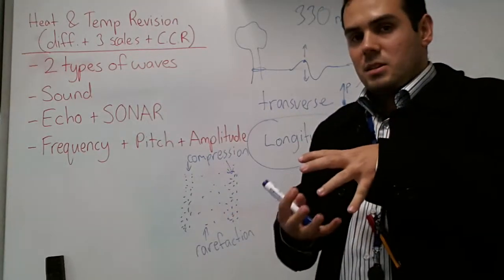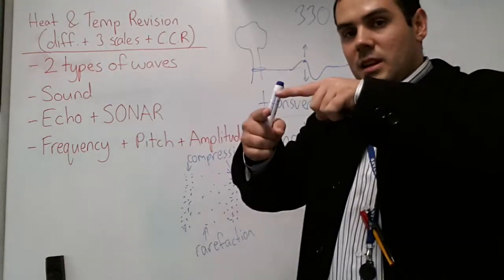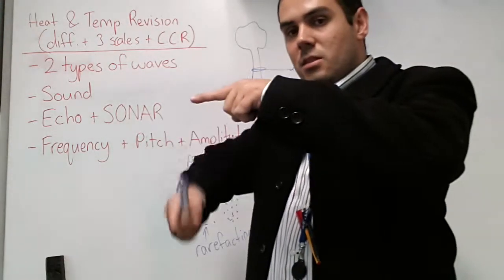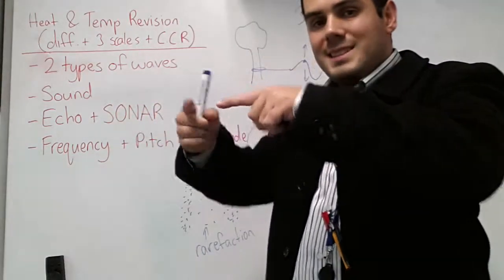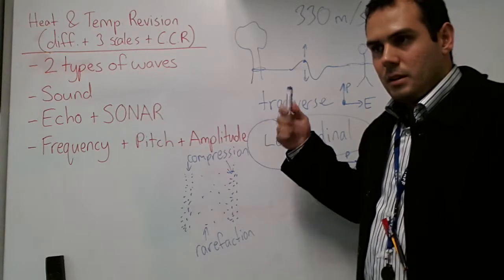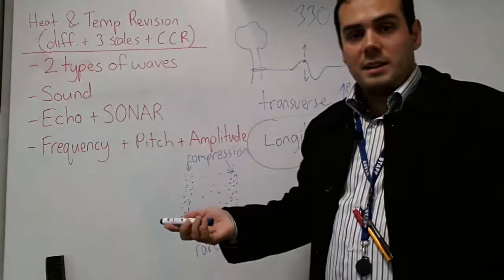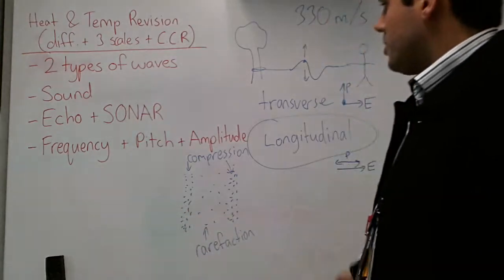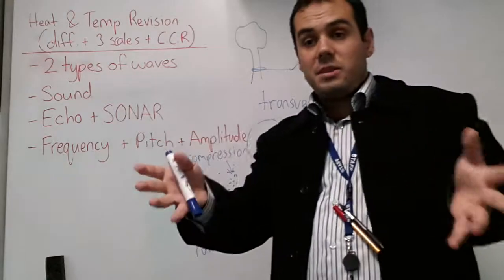So you have a sonar beam under your ship, and you're constantly checking how deep or how shallow it is by sending out a sound wave and seeing how long it takes to come back. Because you know the speed of sound, you can calculate the distance.